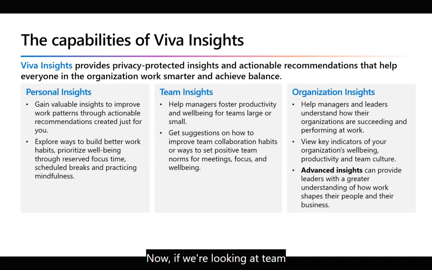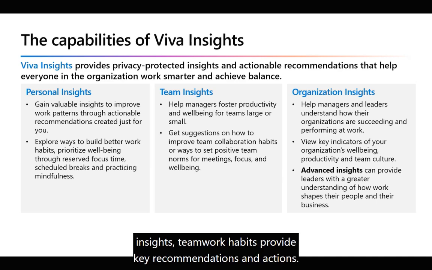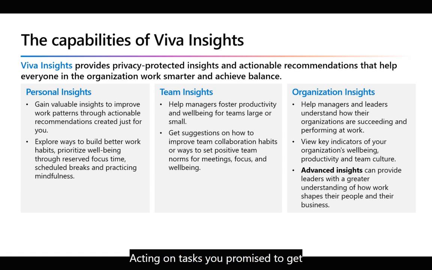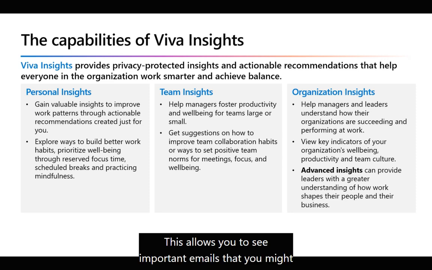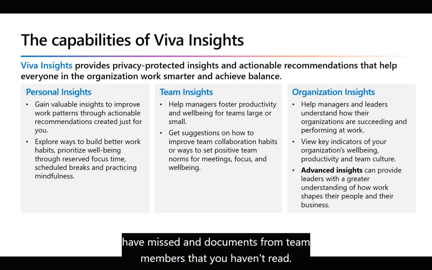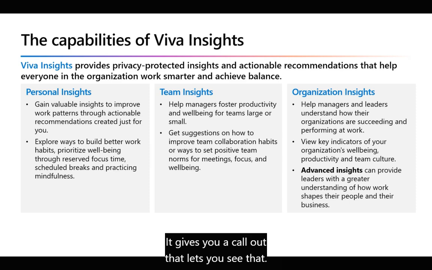Now, if we're looking at team insights, teamwork habits provide key recommendations and actions, like acting on tasks you promised to get done or that team members asked you to complete. This allows you to see important emails that you might have missed and documents from team members that you haven't read. It gives you a call out that lets you see that.